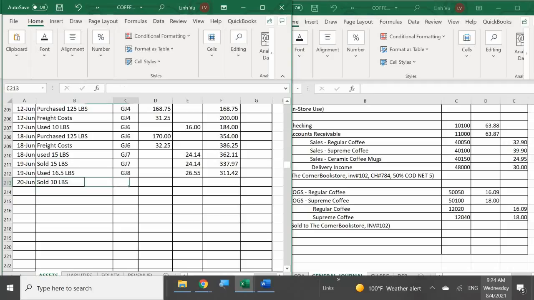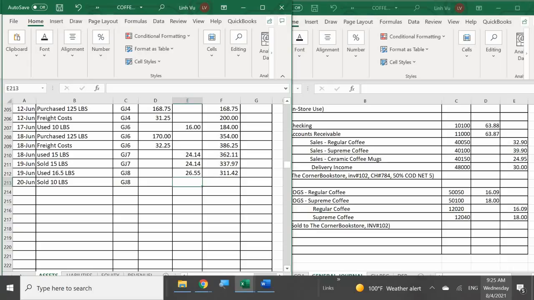G8, good. For the Supreme coffee, it's 10 times 18, I mean, $1.80. In this case, you already know how much it cost you. If it cost you $16.09, that's exactly how much you're going to take out from your inventory.